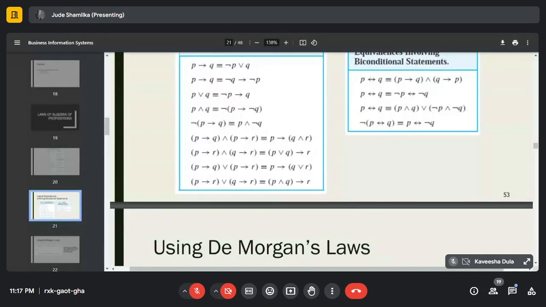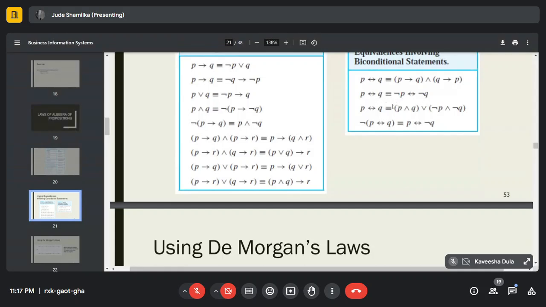Unlike here, in the conditional you just change the whole thing, negating the two variables and swapping them. But here you don't have to swap them, because wherever these two are, it doesn't matter.